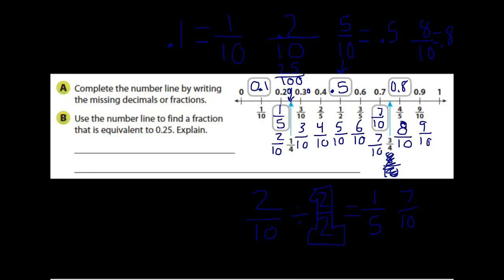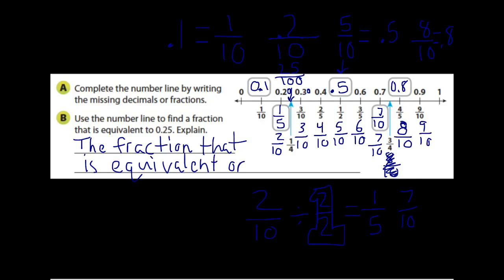So the fraction that is equivalent or equal to 25 hundredths, I'm going to put an arrow going back around here so I can get more room, is 1 out of 4, or I could also think of it as 25 over 100, because if I simplify 25 over 100, I get 1/4.